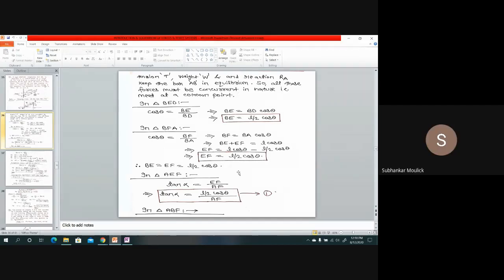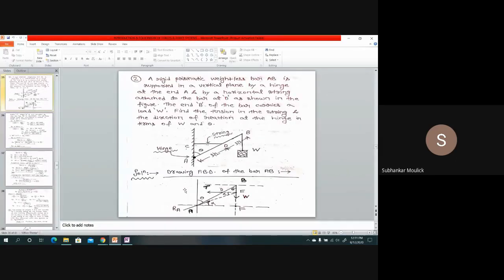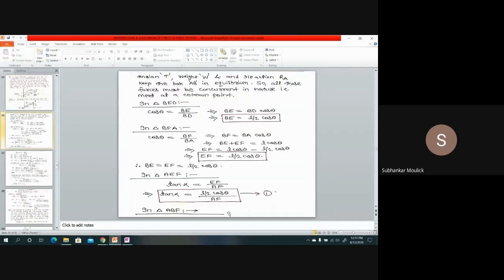No, sir. Okay. Next, let us consider the triangle AEF. I can write tan alpha, because I need to find the value of this alpha. Tan alpha is equal to perpendicular by base. Perpendicular is EF divided by base AF. So tan alpha is EF by AF.